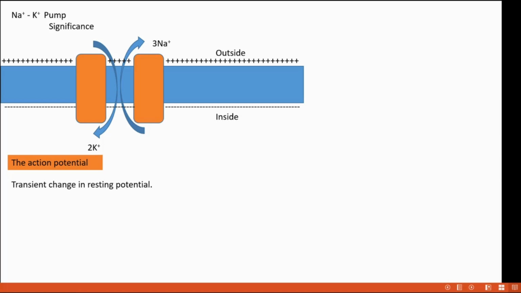For stimulating the nerve, the action potential should be generated at one point of the nerve, and that action potential needs to be conveyed down the nerve to transmit the signal, maybe up to the central nervous system or from the central nervous system to the effector. Anyway, for conveying the message, an action potential should be generated. That action potential is generated with the help of a stimulus, and we are going to see how the action potential is generated, what the process is.